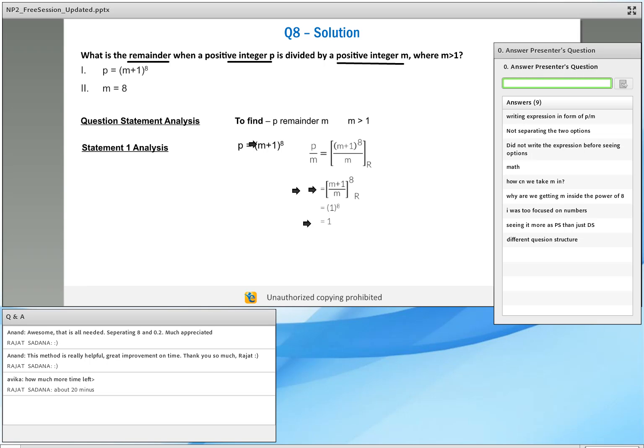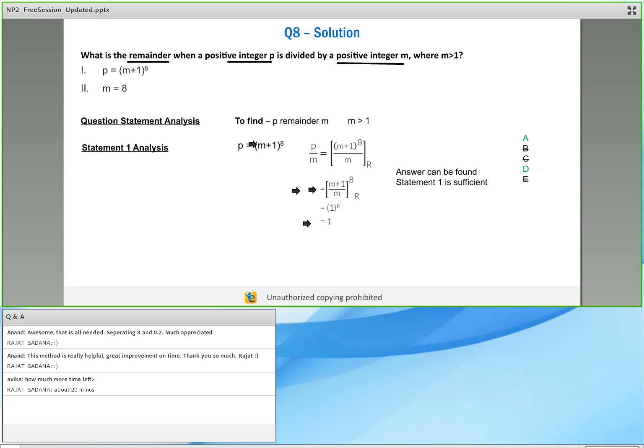Now let's look at statement 2. After you do this, you say A or D are the options. Then you say m is equal to 8. Okay, you got a value of m. Individually, does that tell you anything about what would be the remainder?